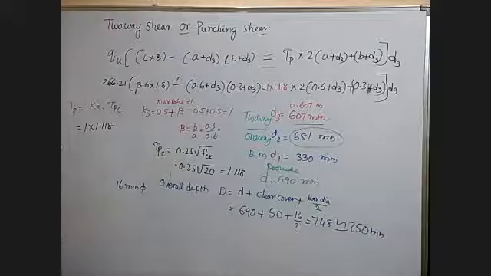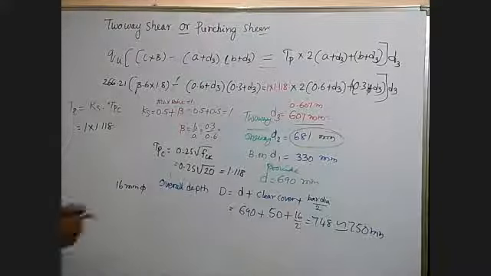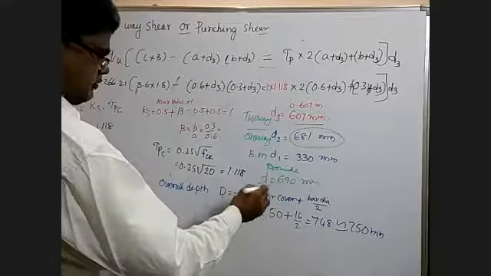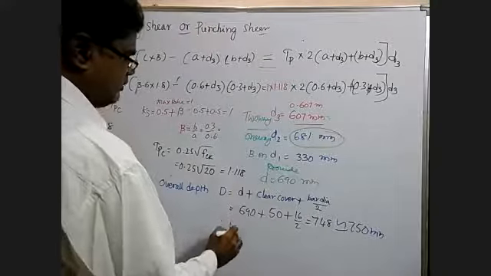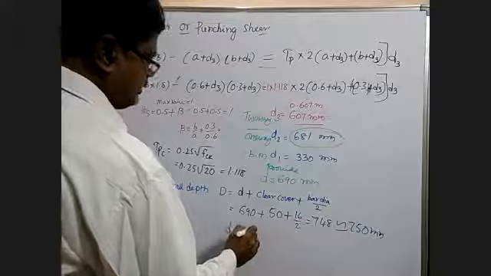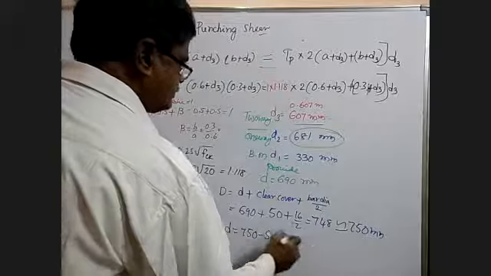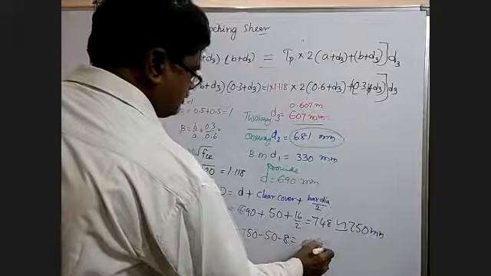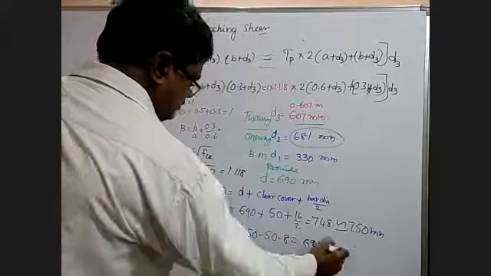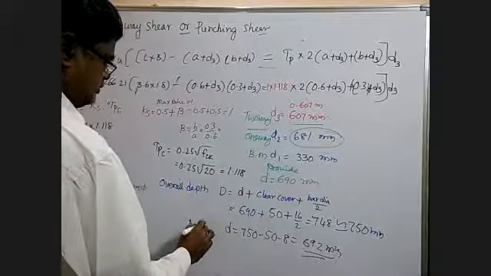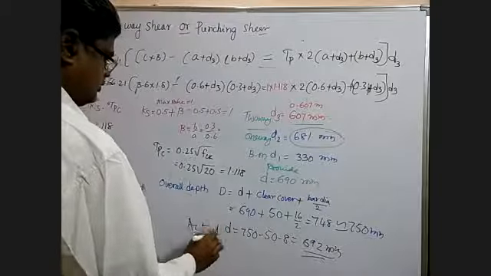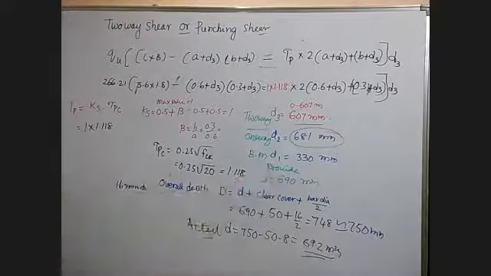So this is how we have to provide it. Now the 750 mm is D provided. The actual D value here is 750 minus 50 minus 8, which is 692. The actual D. Even if you take 690, there is nothing wrong.